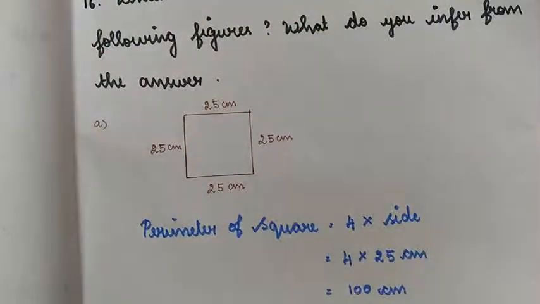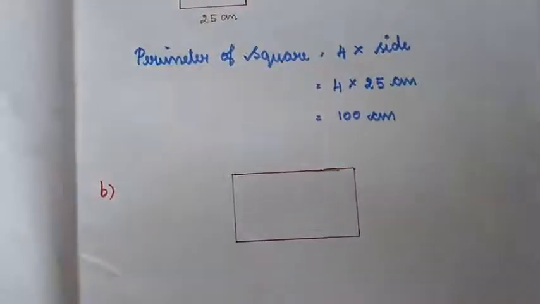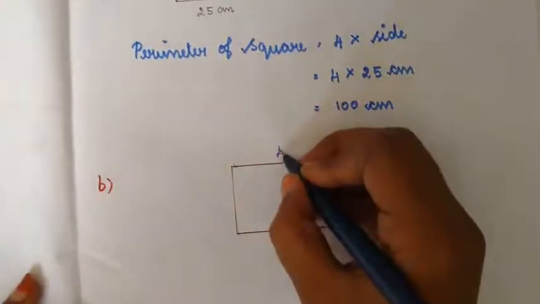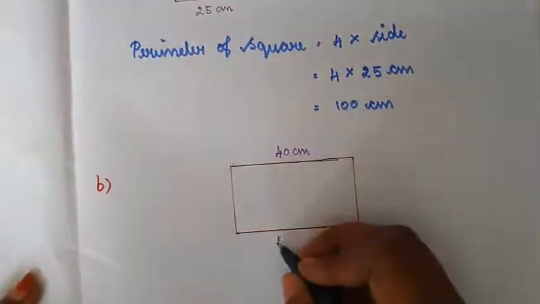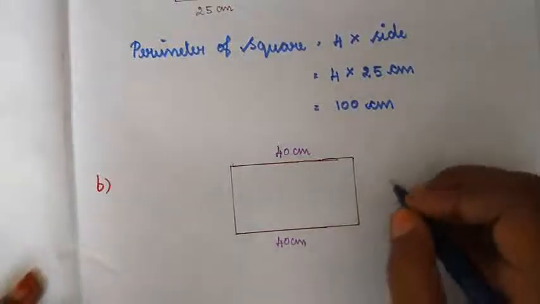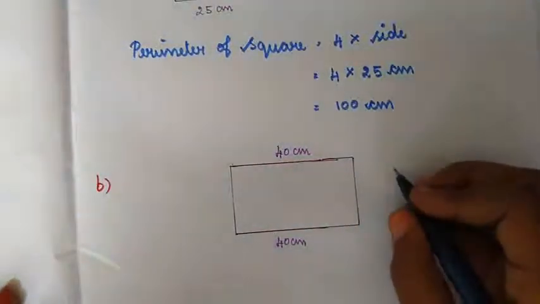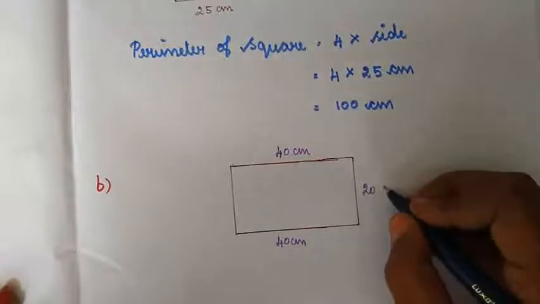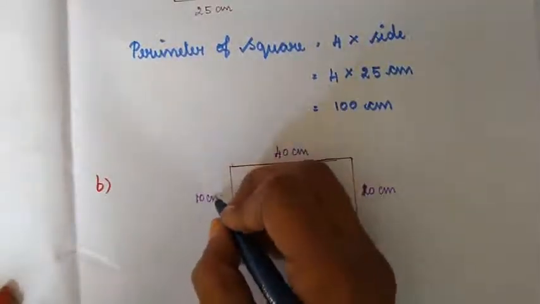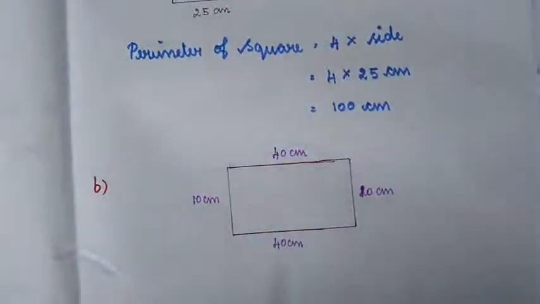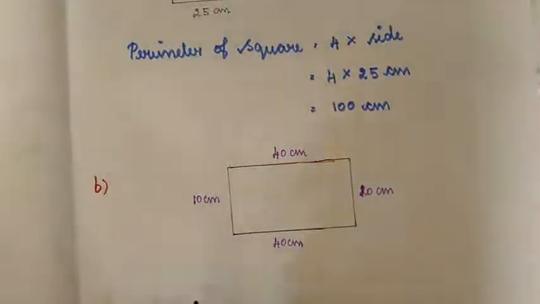Next one we have to take the B subdivision. This is subdivision B, 40 centimeter. Then 10 centimeter. So we have to find the perimeter of the rectangle because the given figure is rectangle.